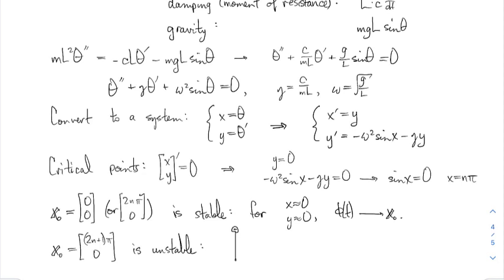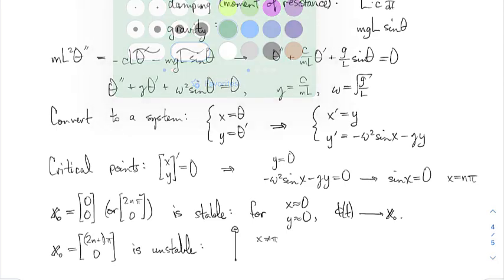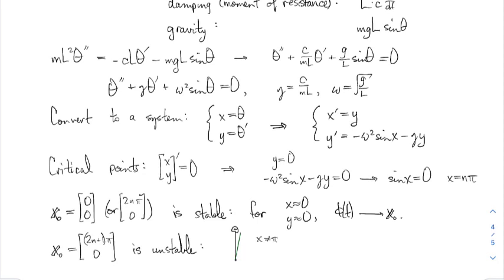And so this is unstable, because if we start anywhere slightly changed from this, so if x is not exactly equal to pi, in other words, if we tilt it just a teeny tiny bit, then things are going to move, and it's not going to tend to pi, 0, it's going to tend to 0, 0.